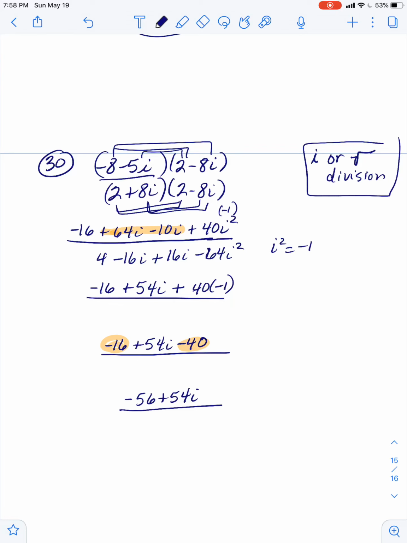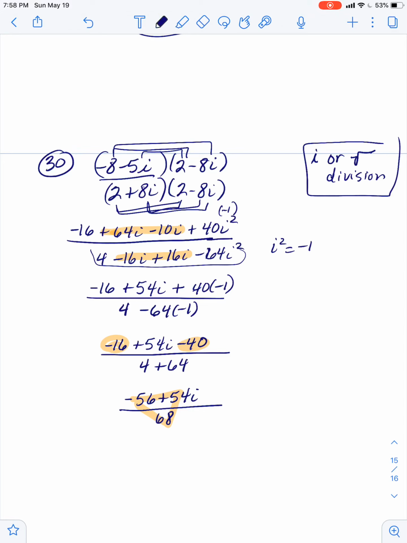Okay, now I'm going to go back up and finish my denominator. So I'm going to work with this one here now. So I get 4. And again, remember, when I put these two like terms together, that's going to cancel. Minus 64 times a negative 1. So that would be 4 plus 64, which is 68. Again, now I'm going to do my triangle. Is there anything in those three that I can cancel?